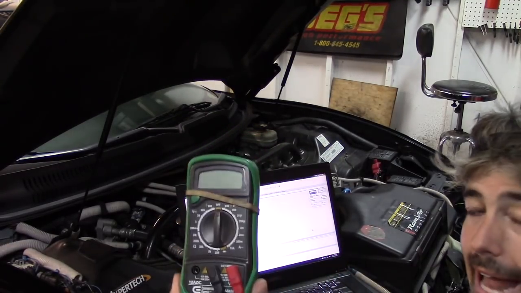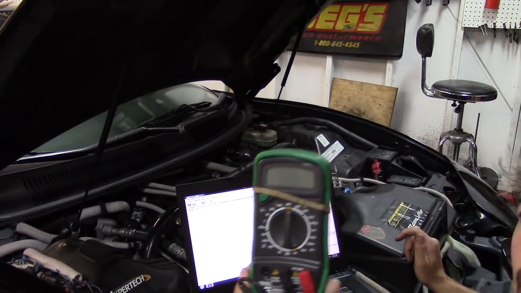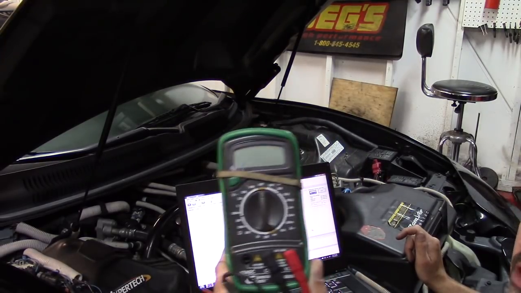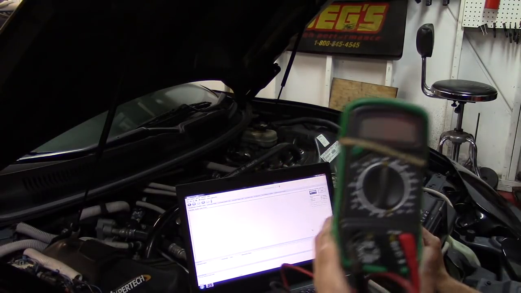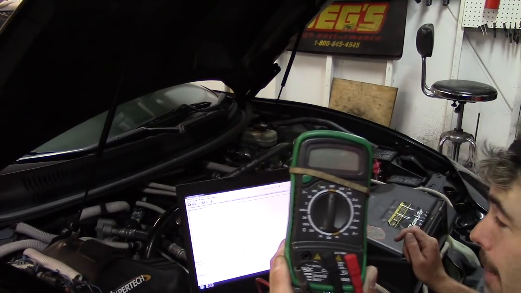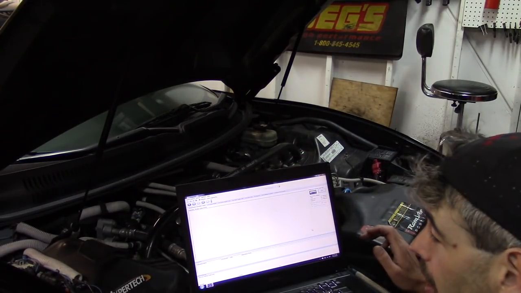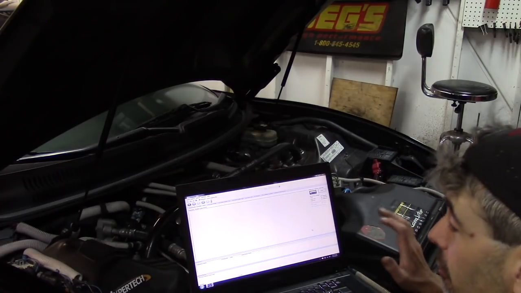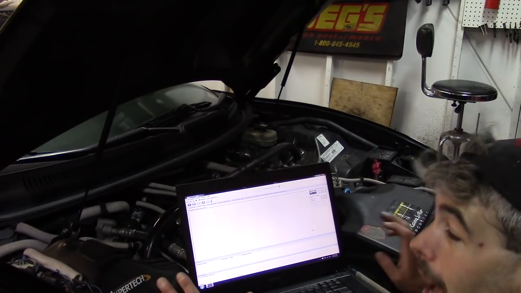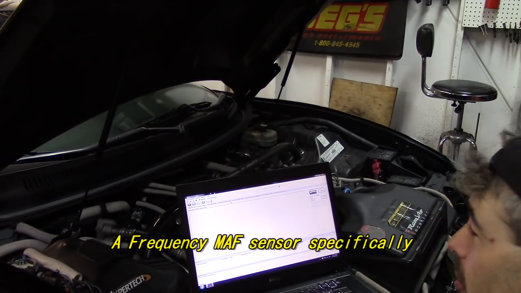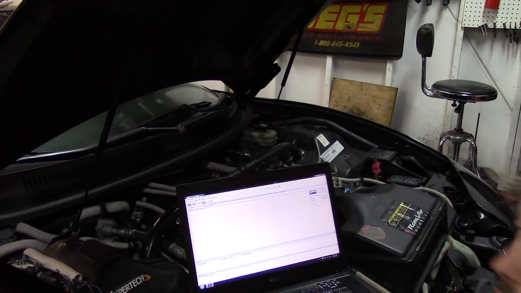And even then, the frequency specifications for some MAF sensors may far outrange those on your DVOM, so you've got to make sure that you've got it well within range. It would be a fairly pricey DVOM that would be able to do that. If you do not have one of those three things, you are not going to be able to do these more advanced diagnostic tests. You will not be able to conclusively condemn a MAF sensor. That's just the reality of it. You have to have the right tools for the job. So let me go ahead and set this up and I'll show you what we're looking for.